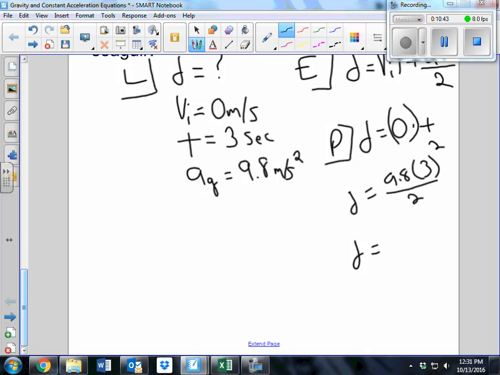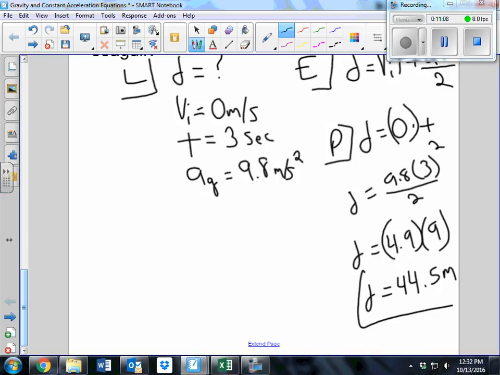So 9.8 divided by 2 is 4.9. And then 3 squared is 9. So then I have 9 multiplied by almost 5. So that would be 45. So my answer is probably going to be a distance of 44.5, maybe, approximately, meters. And that would be my answer.